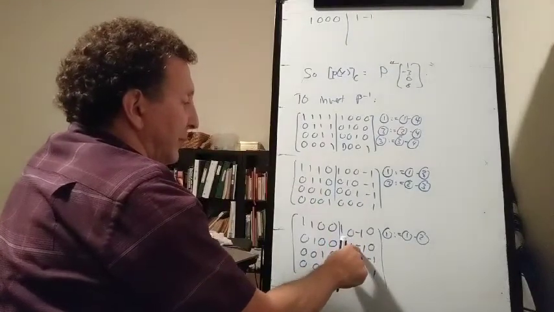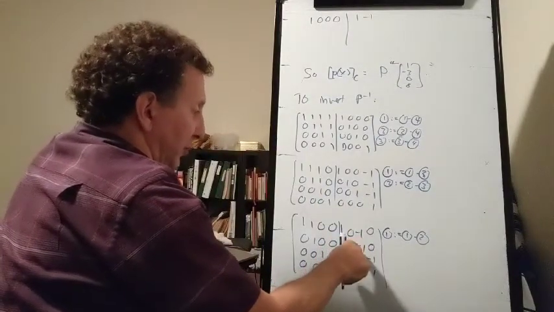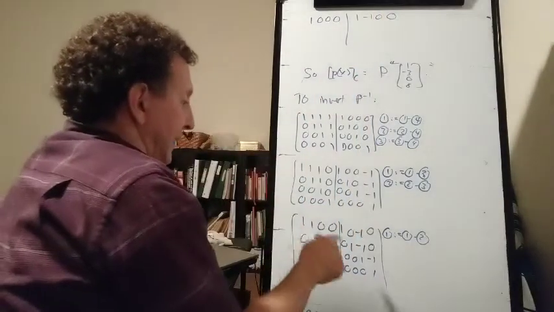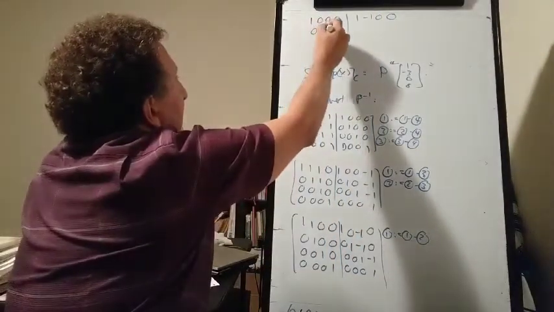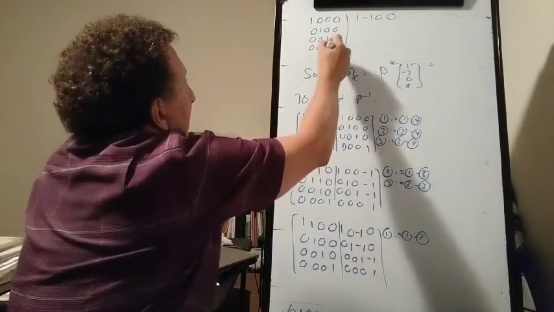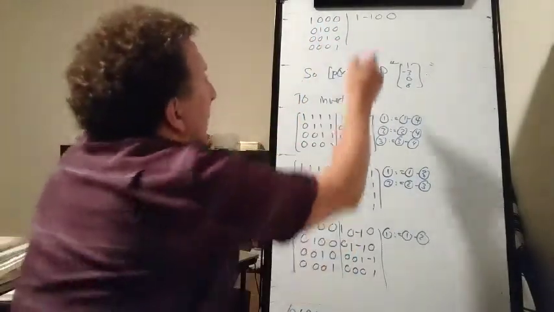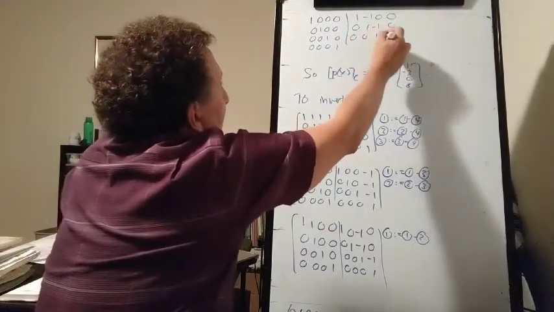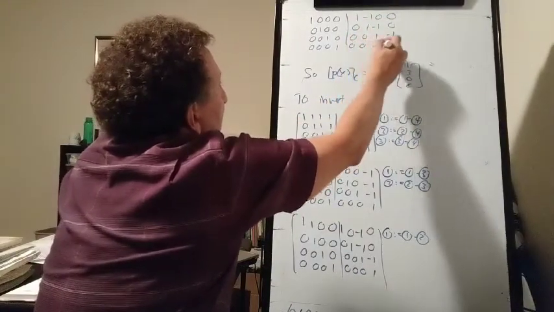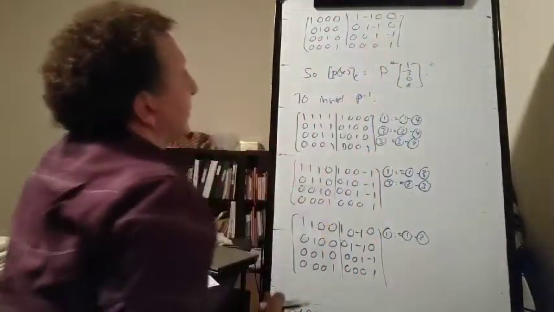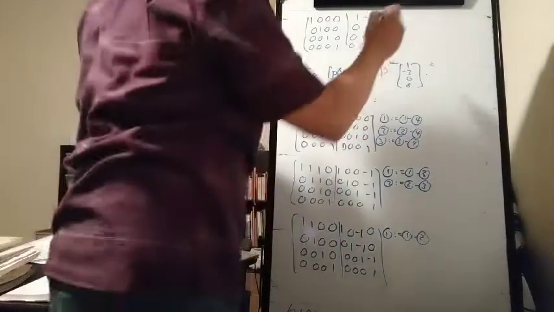Negative 1 minus negative 1 is negative 1 plus 1 again, which is 0. And everything else stays the same. 0, 1, negative 1, 0, 0, 0, 1, negative 1, 0, 0, 0, 1. So this matrix on the right hand side is P.